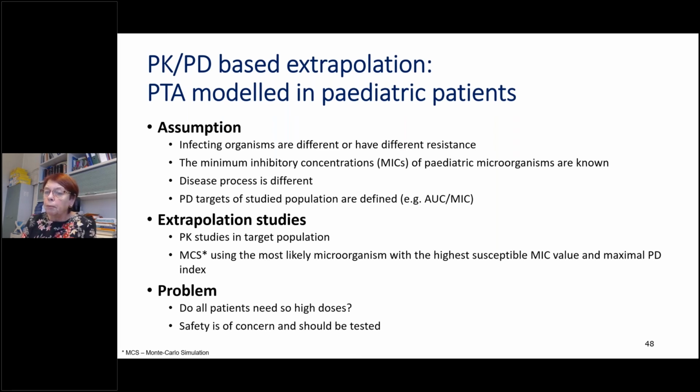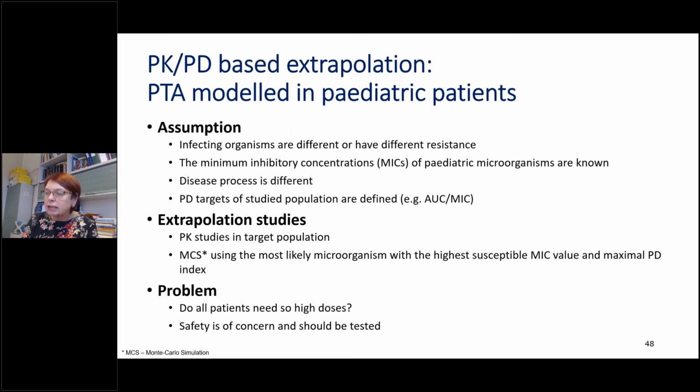Then, using Monte Carlo simulation, you most likely select the MIC, and that's where the problem is: you take the highest MIC value that this patient population or microbial population has, or basically you take the MIC breakpoint, and you also take the maximal PD index. The problem here is, do we really need to take the highest MIC value?